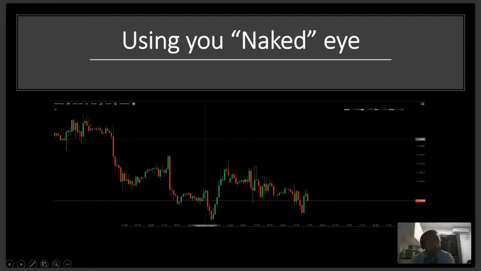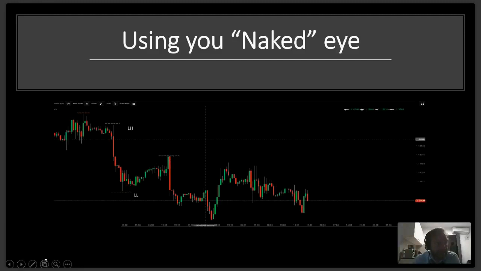Let's have a look. First of all, let's see if the euro dollar is indeed on a downtrend. So there's the high. Remember, this is an hourly chart. There's a lower high. There's a lower low.